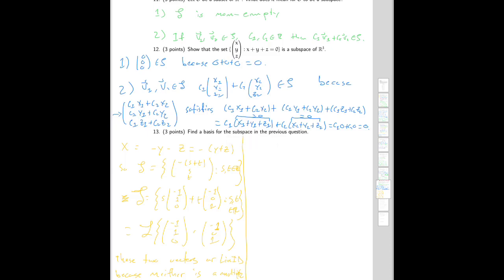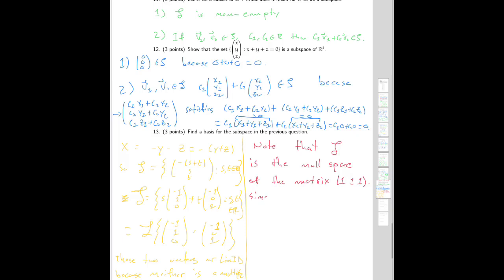Okay, now another kind of slick way to do this problem, you could basically just combine problems 12 and 13 together. Is to say something along the lines of the following. Note that S is the null space of the matrix (1, 1, 1).